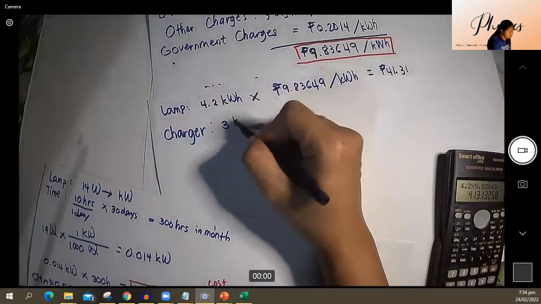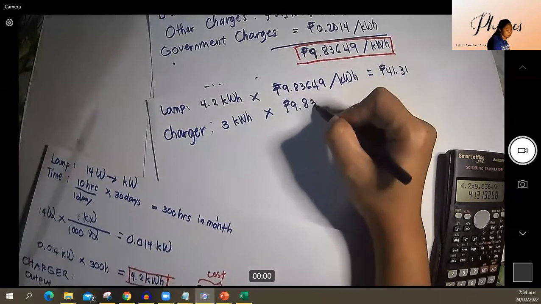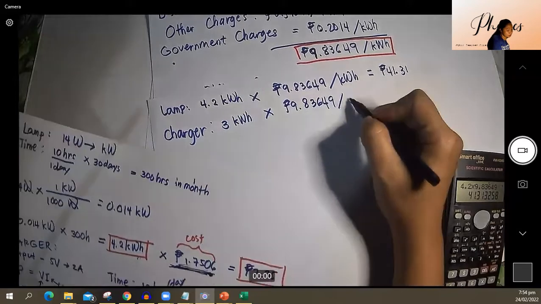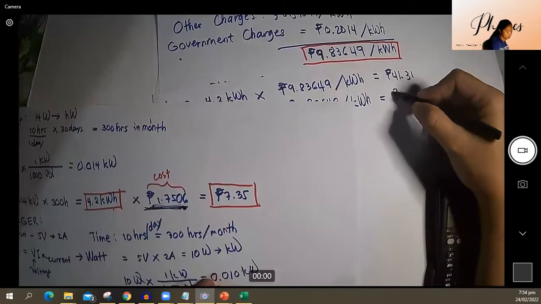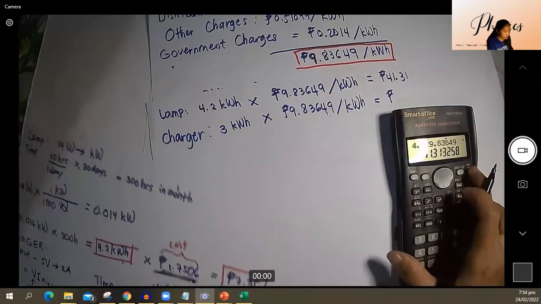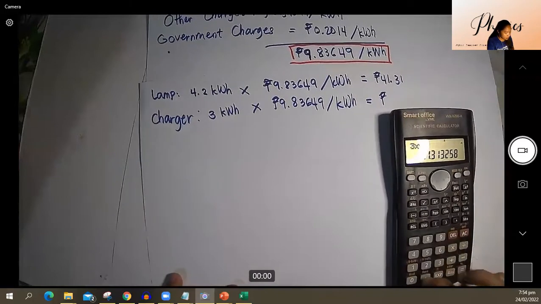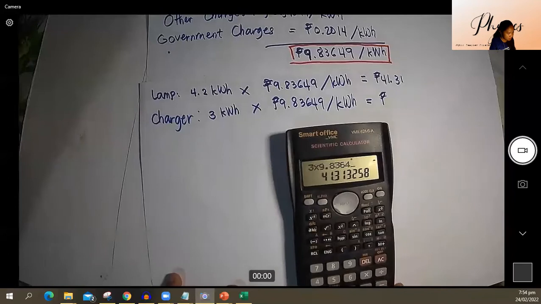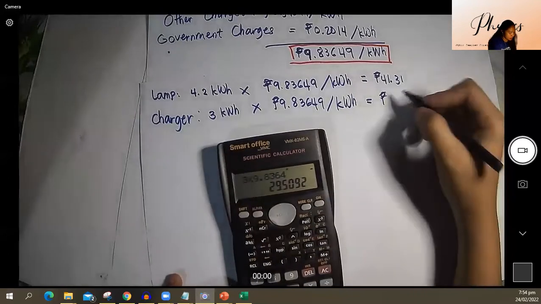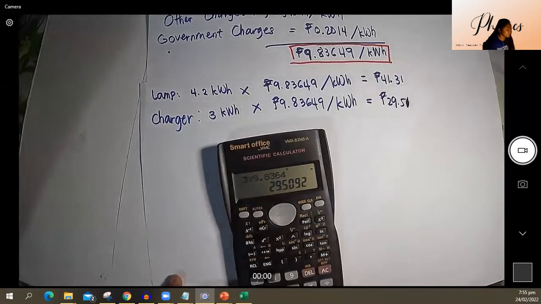So 3 kilowatt hour times 9.83649 per kilowatt hour is equal to how much? 3 times 9.83649 will give us 29.51.